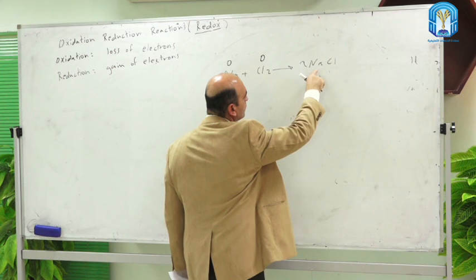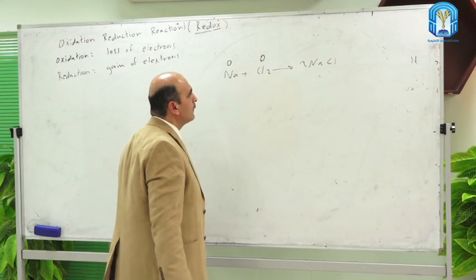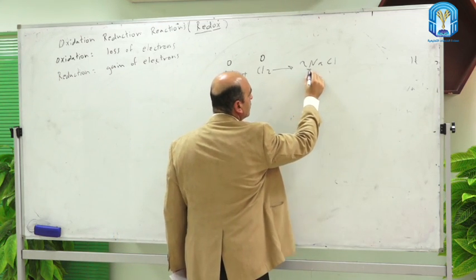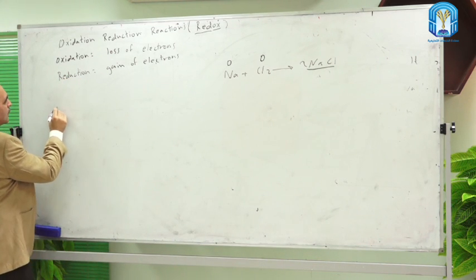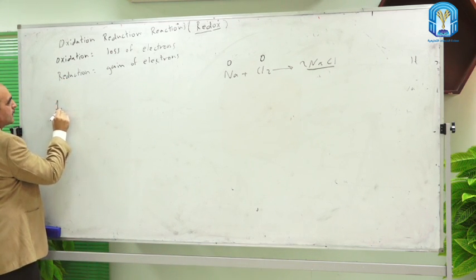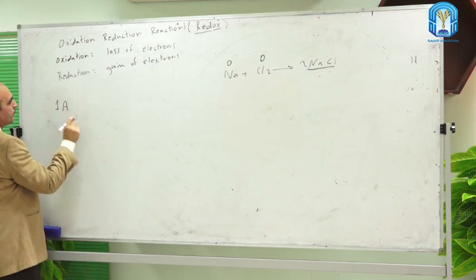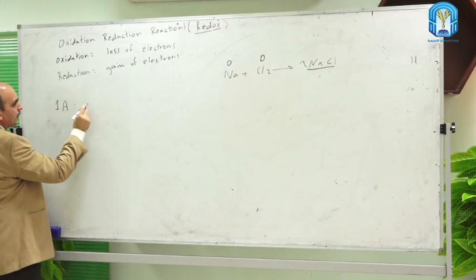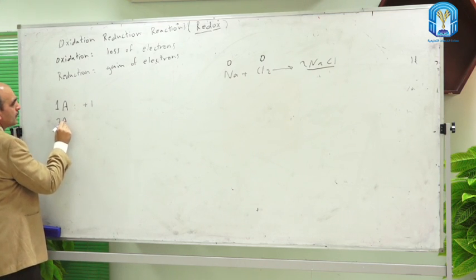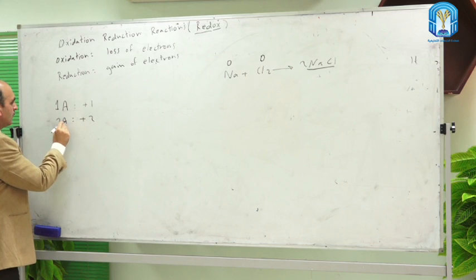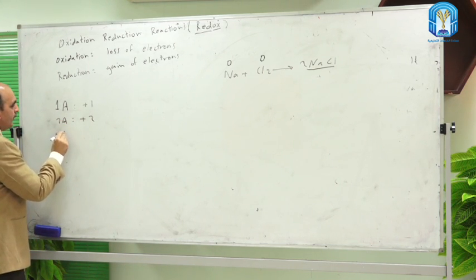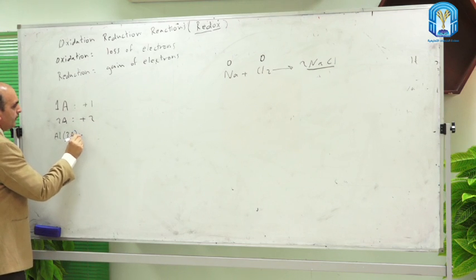And the sodium here is in a compound, so we have some rules for this. For group 1A, the oxidation state is positive 1, and 2A is positive 2. And aluminium in 3A is positive 3.